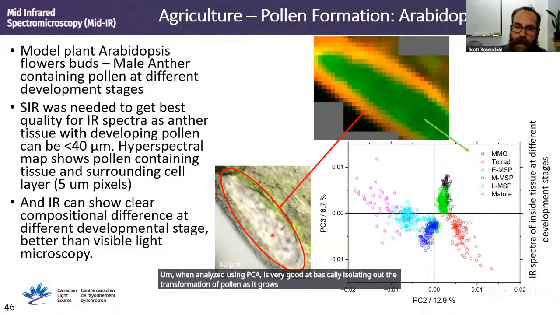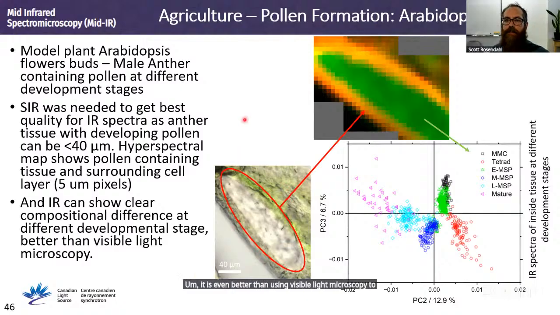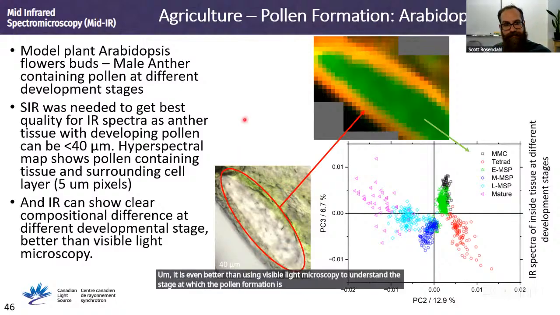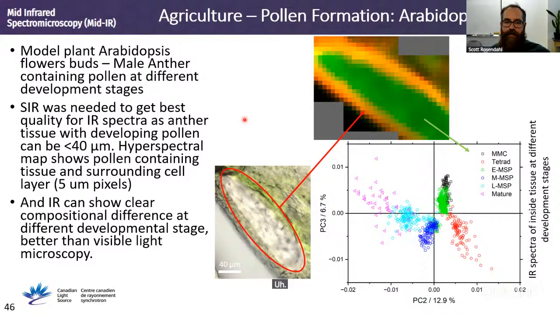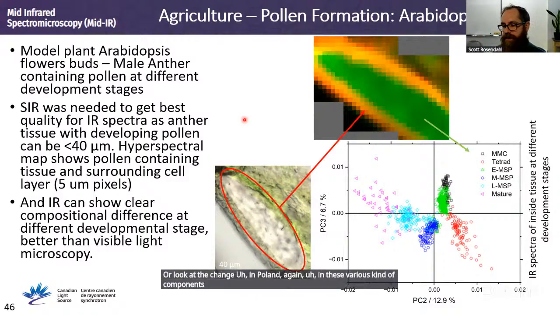And so it is even better than using visible light microscopy to understand the stage at which the pollen formation is at. And so with infrared, we're able to better understand or look at the change in pollen again, in these various kind of components, which is very exciting.